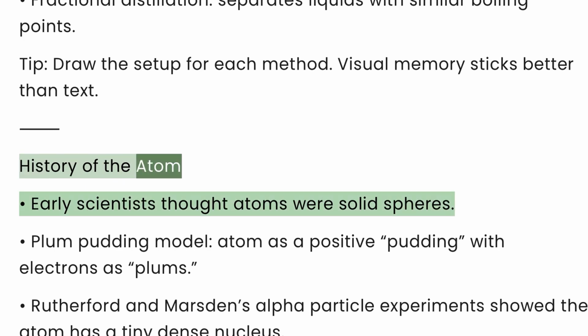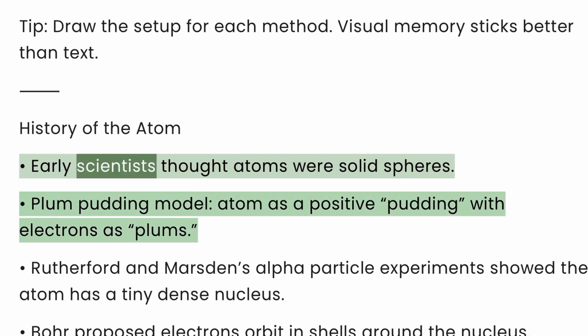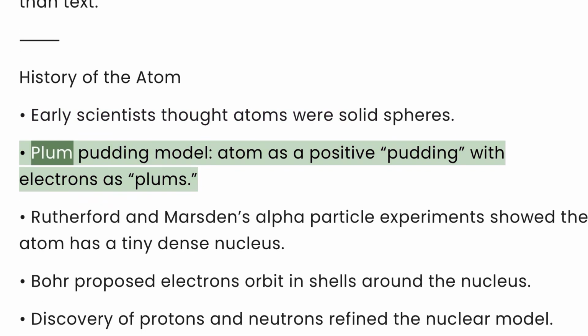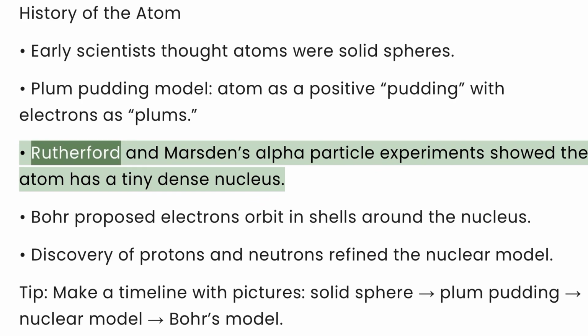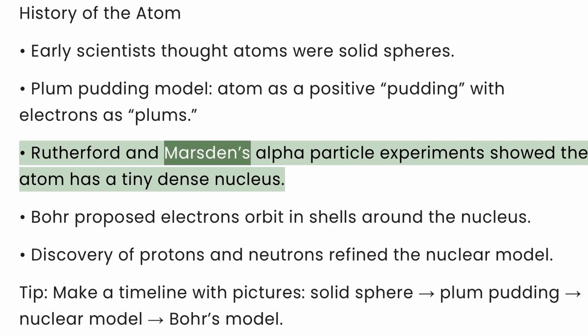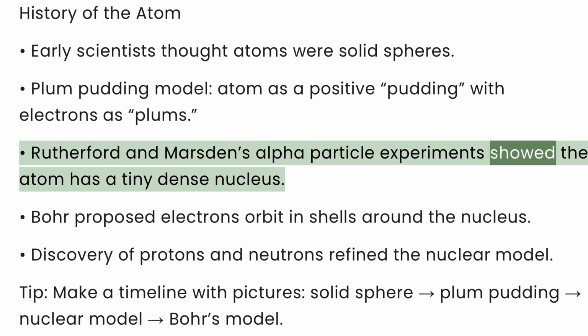History of the atom. Early scientists thought atoms were solid spheres. Plum pudding model: atom as a positive pudding with electrons as plums. Rutherford and Marsden's alpha particle experiments showed the atom has a tiny, dense nucleus.